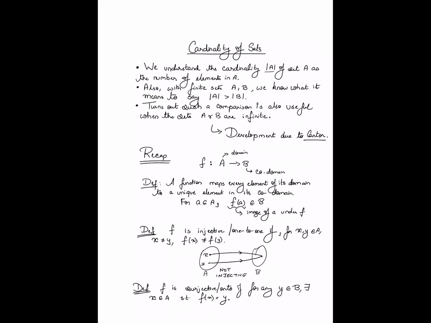And yeah, so these are largely recaps. I hope that you have seen these notions before. And then finally, I need to tell you what a bijective function is. A bijective function is one that is both one-to-one and onto.